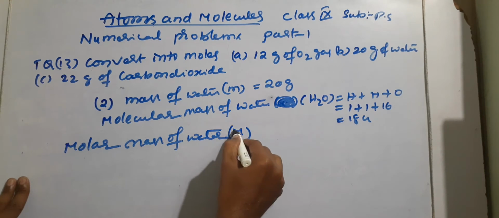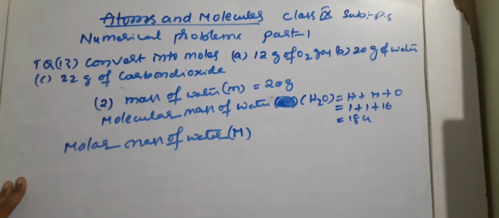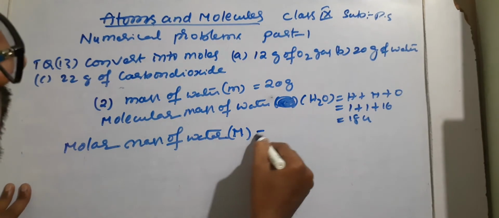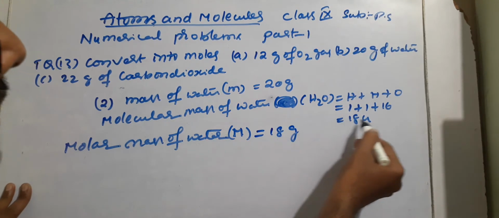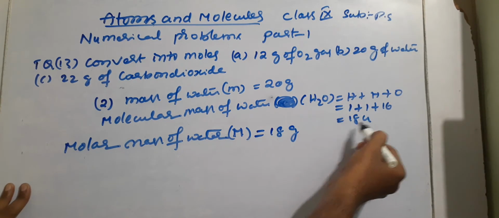Molar mass is nothing but expressing the molecular mass of a substance in grams. So molar mass of water is 18 grams. 18 U is the molecular mass, 18 grams is the molar mass.